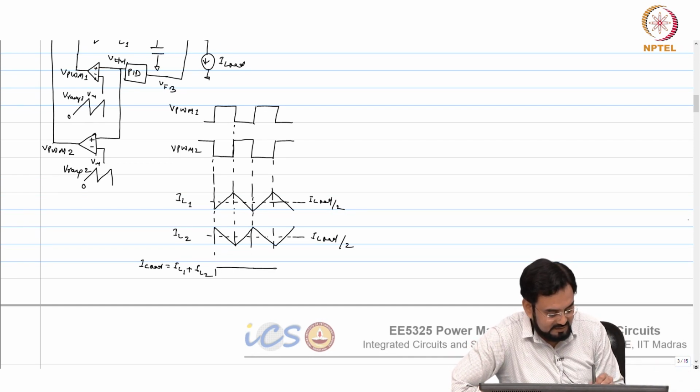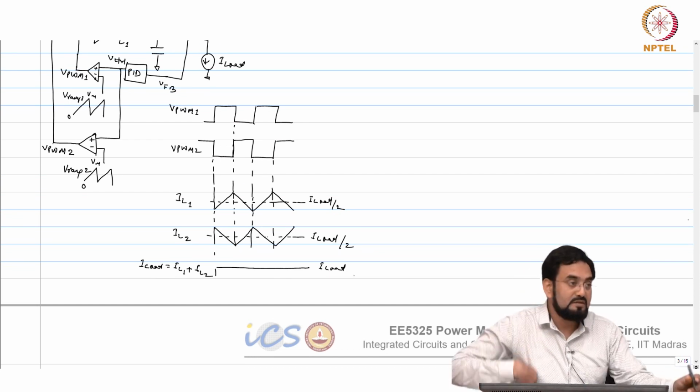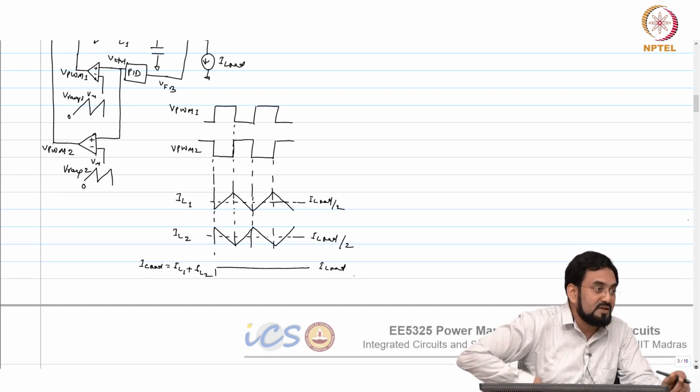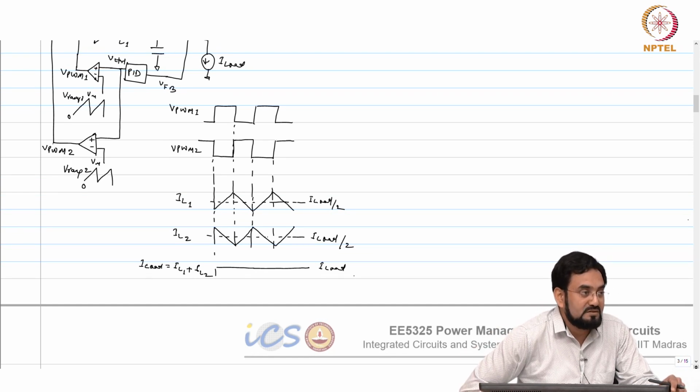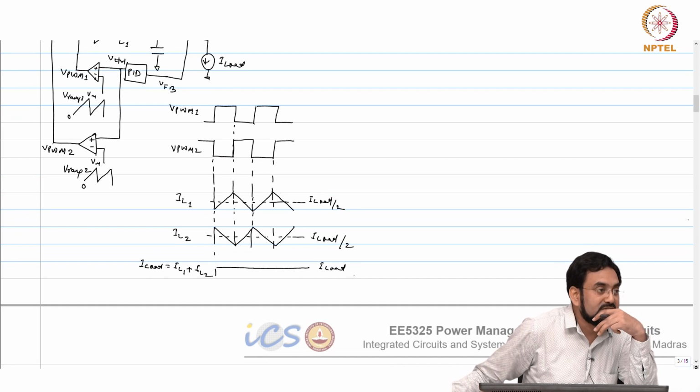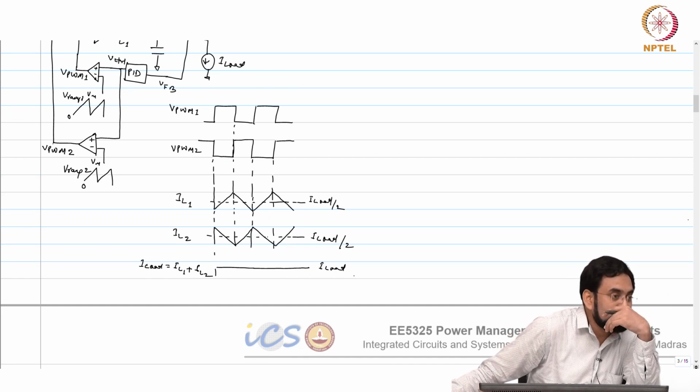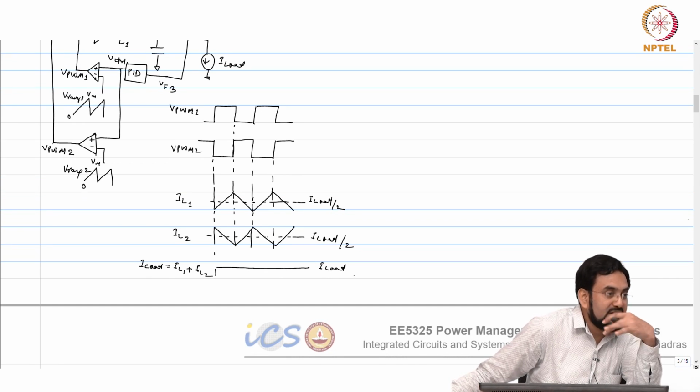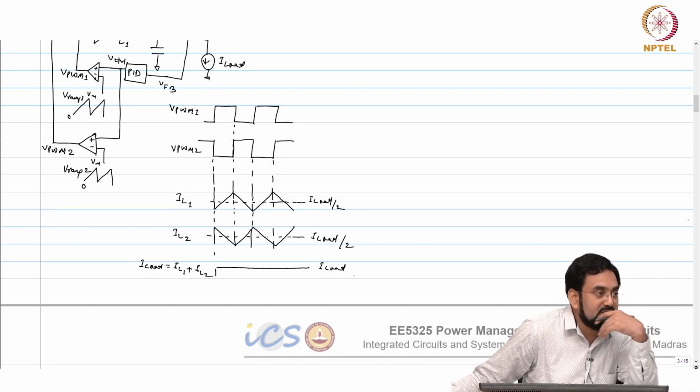DC? Where is the ripple? Ripple is cancelled out, huh? 0 ripple. This 50% duty cycle, huh? And what will happen at non 50% duty cycle? You will have ripple. Will that be higher or smaller?